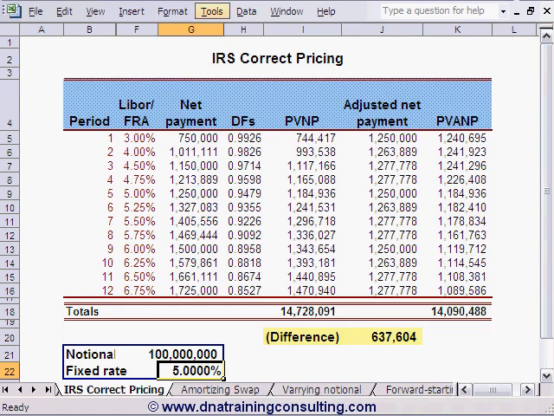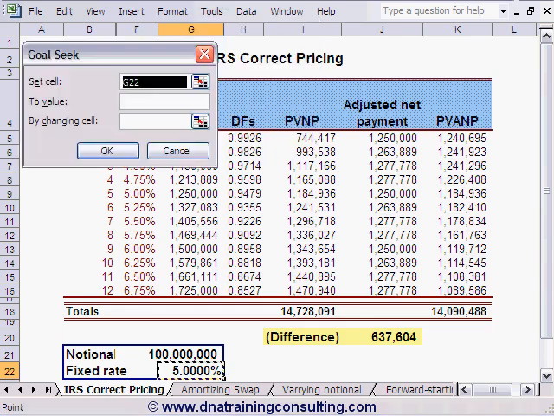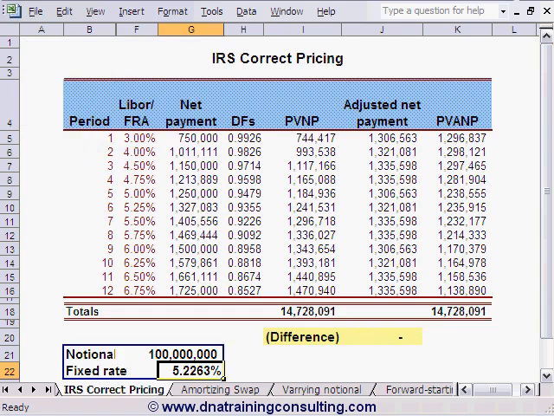Thus, as before, Tools, GoalSeek, set cell J20 equal to value 0 by changing cell G22 and hit OK, revealing a solution this time of 5.2263%, very close to the previous one.